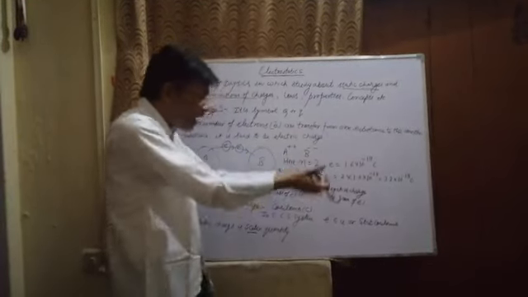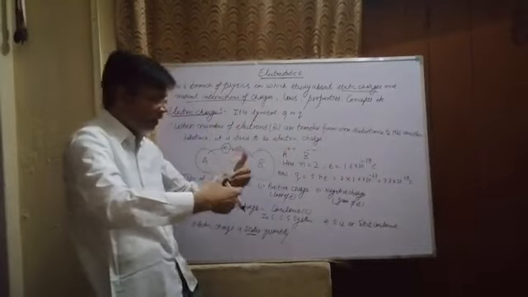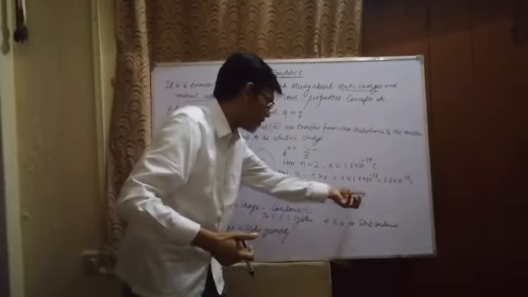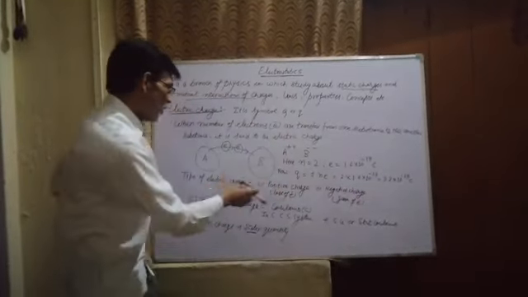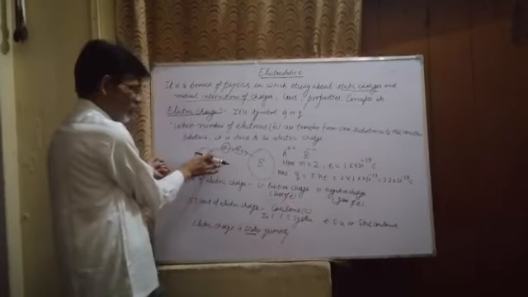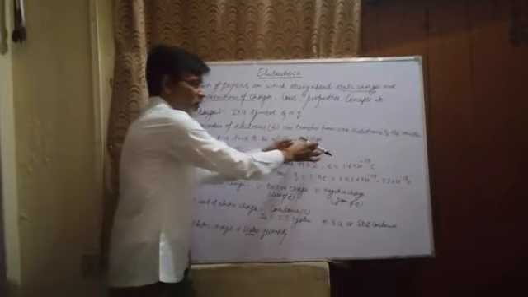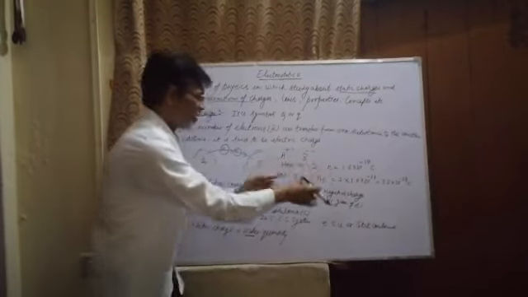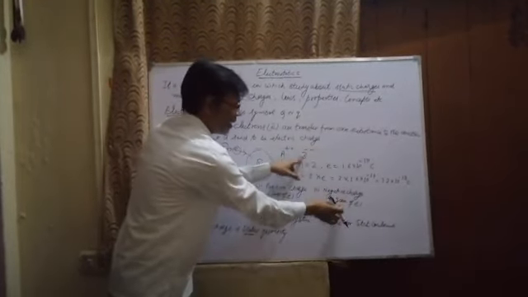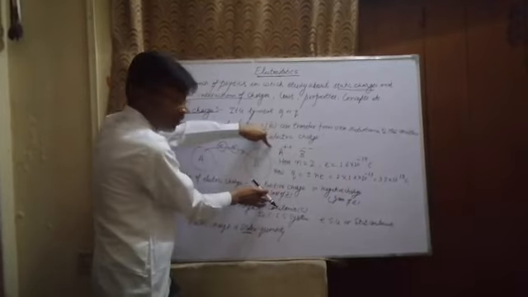If any substance gains electrons, it means negative charge. Here A loses electrons, so positive charge. B gains electrons, so here negative charge. That means gain of electron is negative charge, and loss is positive charge.